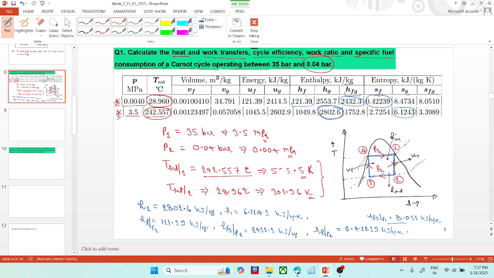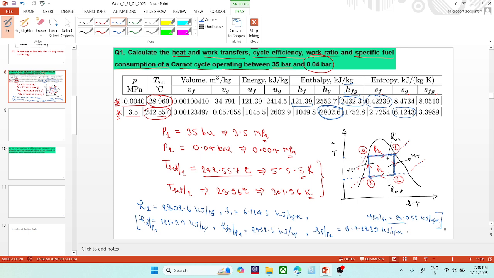Then the values at S2 and S3 we will determine from this data, the liquid and gaseous enthalpy and entropies.